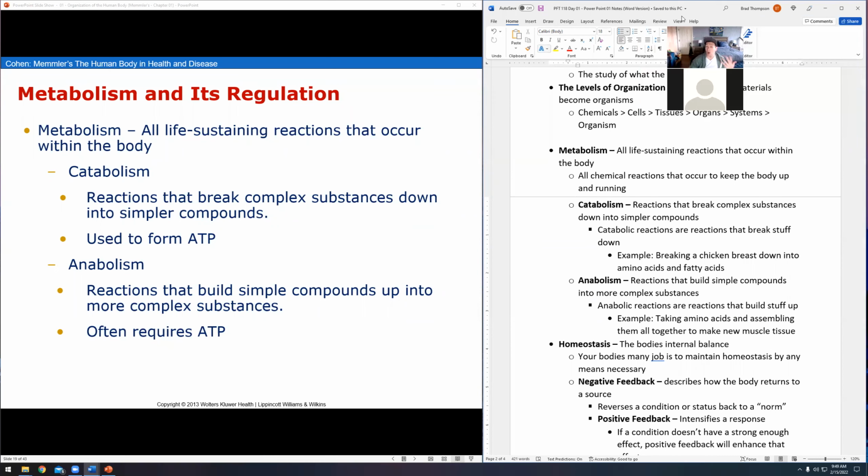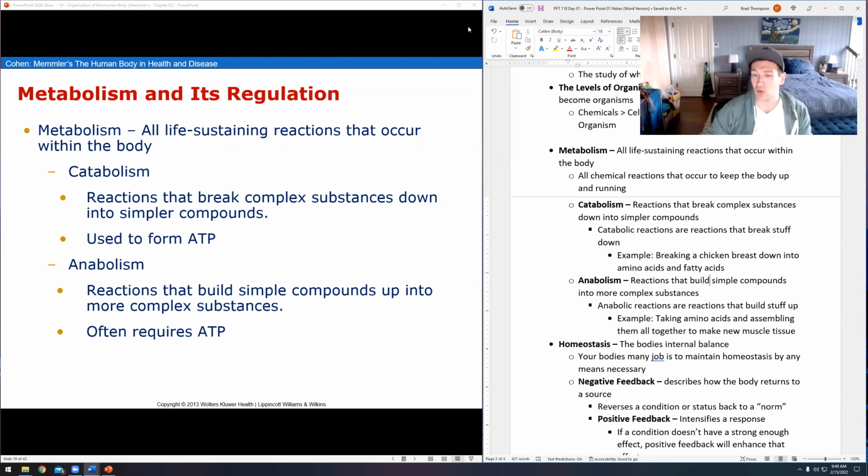When you were being made originally, catabolic reactions broke everything down into chemicals, and then your body was assembled, chemical by chemical, into cells, into tissues, into organs, until eventually it ended up with a whole organ system, and eventually a whole organism. That's where we came from.